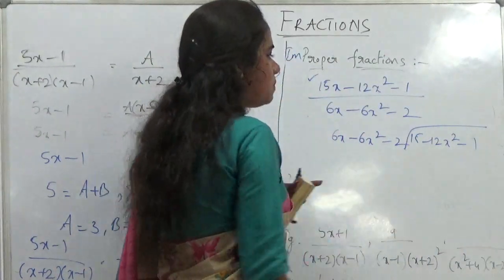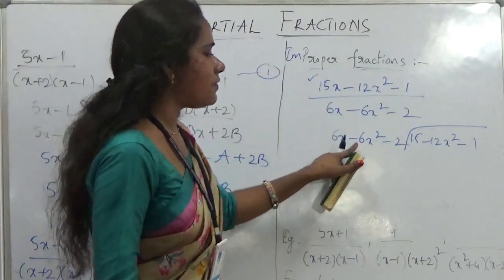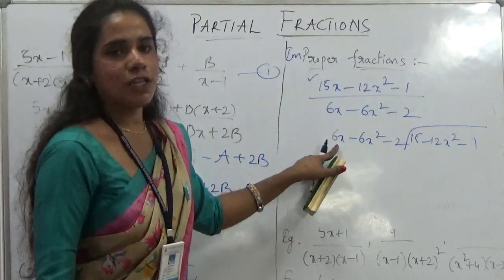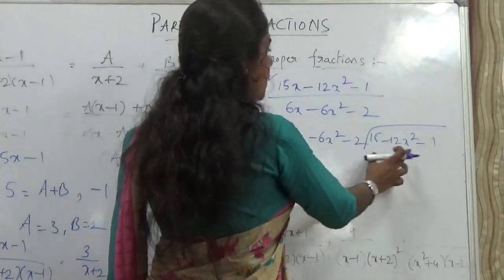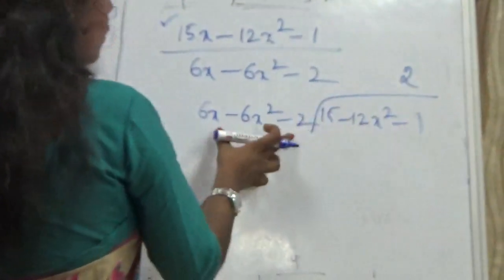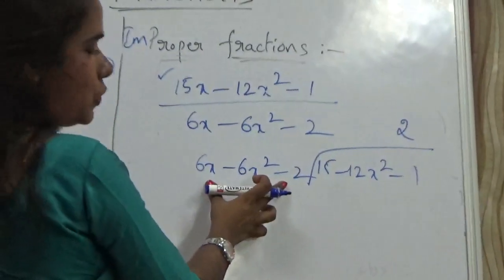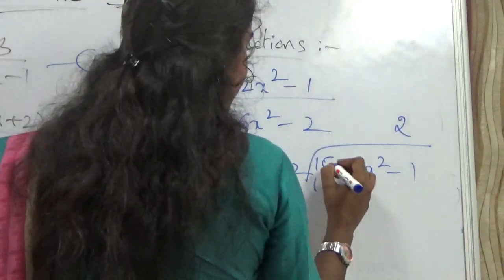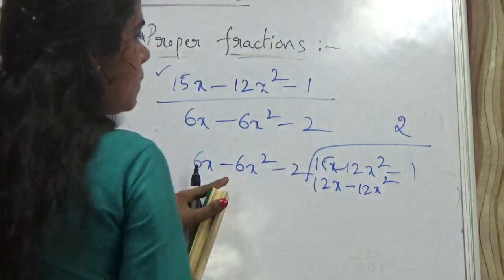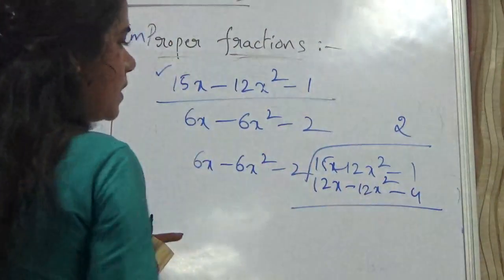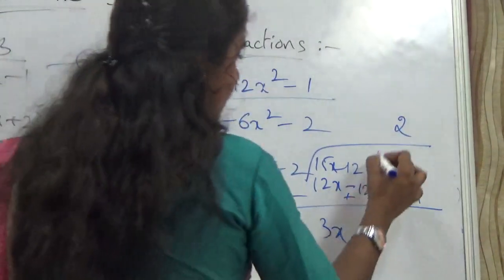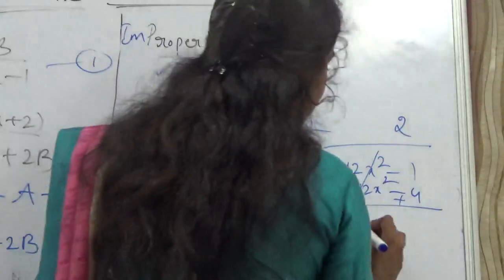That is, divide 15x minus 12x square minus 1 by 6x minus 6x square minus 2. So we try to match the highest power coefficient. When we multiply this polynomial by 2, the entire polynomial, we get 12x minus 12x square minus 4. By subtracting, 12x cancels out with the 12x, and we get 3x plus 3.